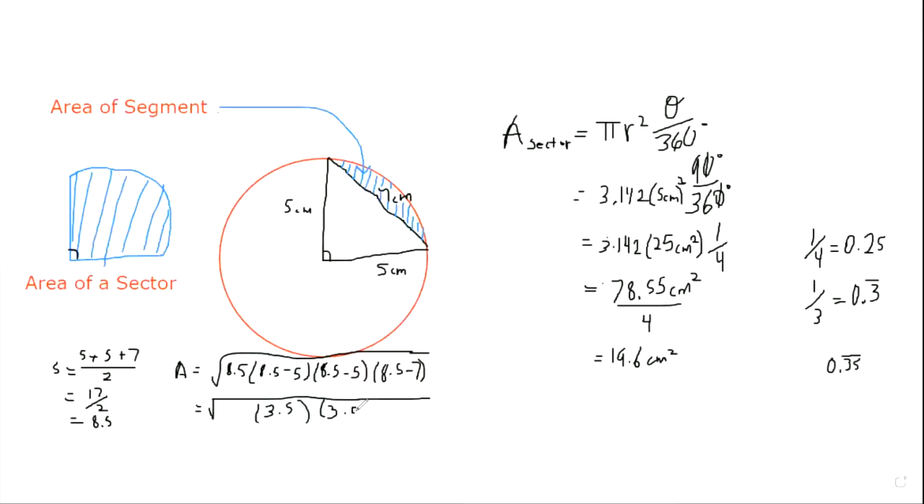I'm showing you guys that math is not as complicated as it seems. It just looks complicated because there are so many steps involved. It can get complicated, but we're not at that point yet. So this is 8.5.